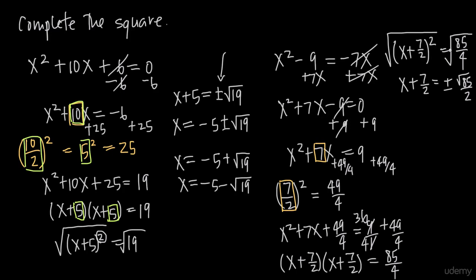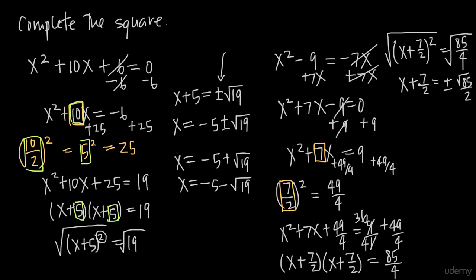When we take a square root of a fraction, remember we can take the square root of the numerator and the denominator separately. The square root of our denominator 4 is 2. So we can pull that outside of the square root, no problem. But the square root of 85, we can't simplify at all. If you try to factor 85, you can't find any perfect squares inside of it. So 85 is simplified as much as possible, and we're just going to have to leave it as the square root of 85.